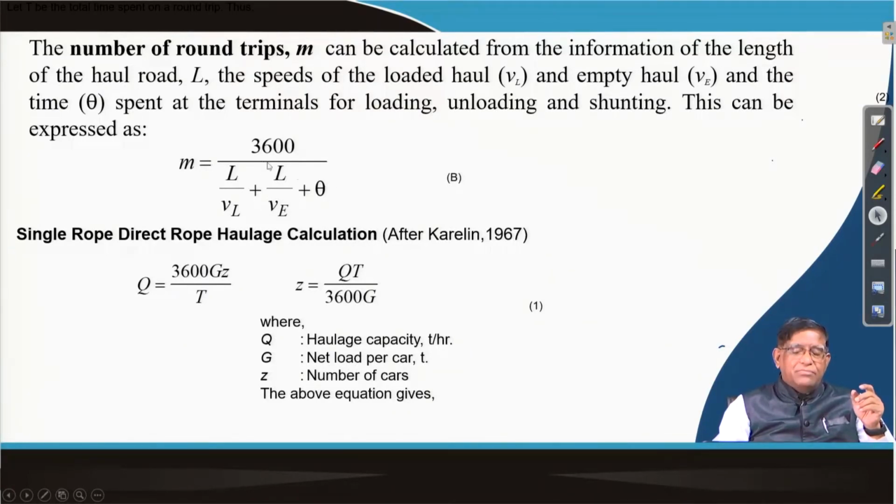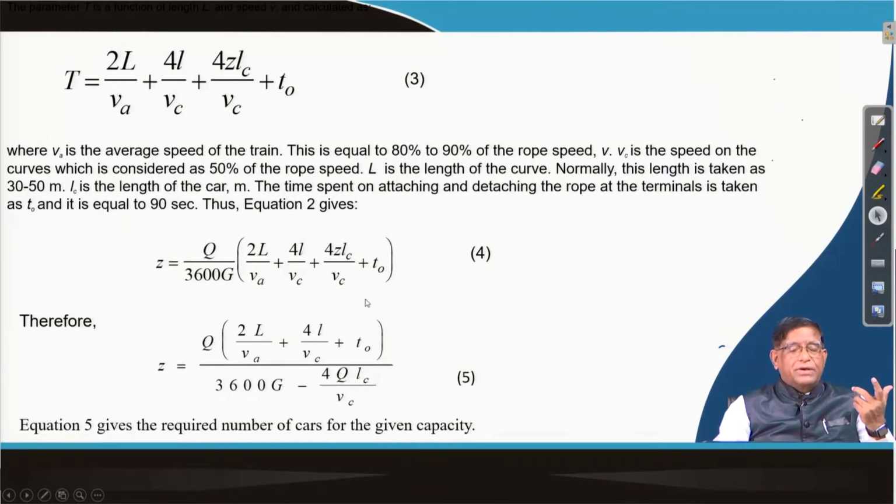These times are converted, and that is how many trips it will make in an hour. So for a single rope or direct rope haulage, the calculation is just your haulage capacity multiplied by the number of trips given by the cycle time. This will give you the total tons per hour. Simple calculations, you can do it very easily.